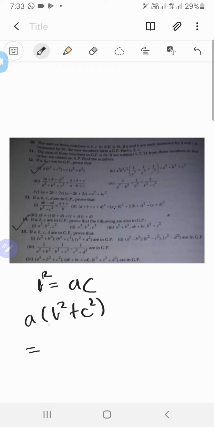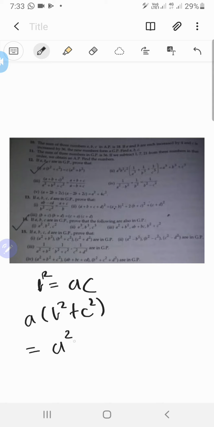Okay, if A, B, C are in GP, prove that A times B squared plus C squared is equal to C times A squared plus B squared. So A, B, C are in GP, which means that B squared is equal to AC. So here we have A times B squared plus C squared, where B squared can be written as AC.